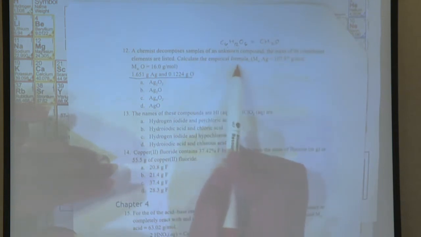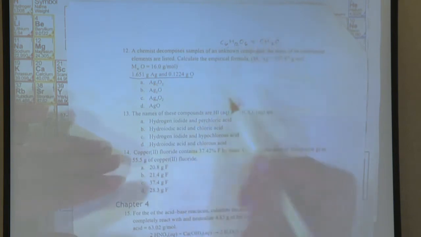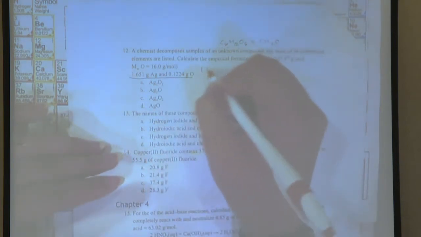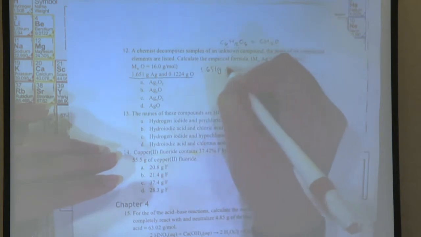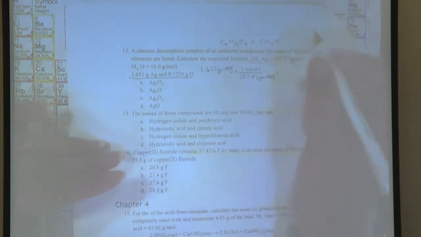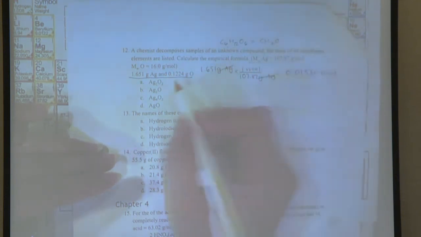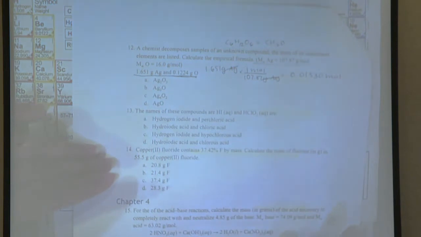In order to do that, we have to get everything in moles because everything in chemistry is centered around that concept. So with 1.651 grams of silver, for every 1 mole, that's how many grams you have, right? Grams of Ag cancel out, and that'll give us 0.01530 moles. Then we do the same with oxygen.